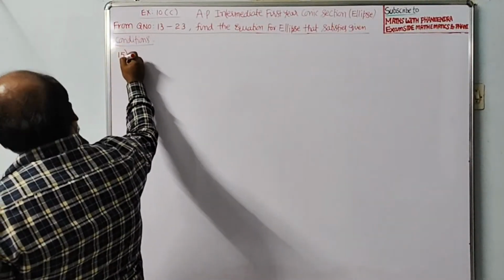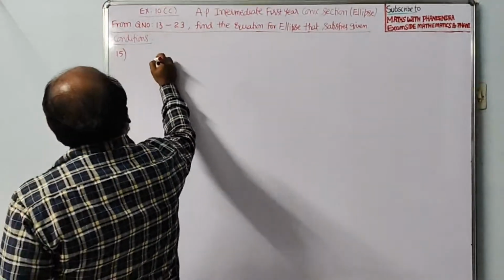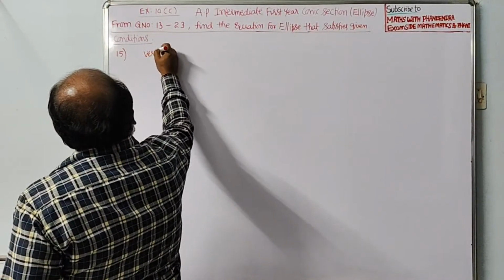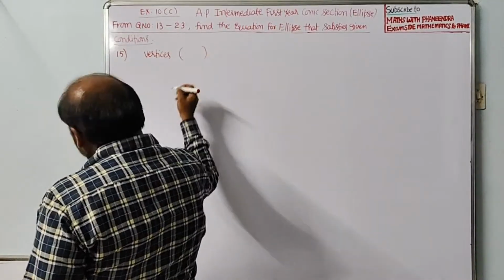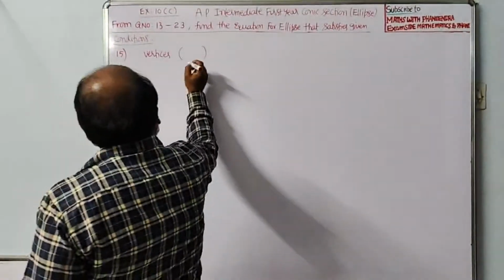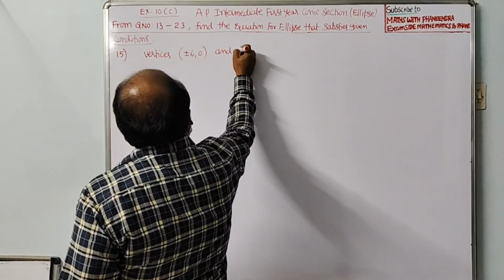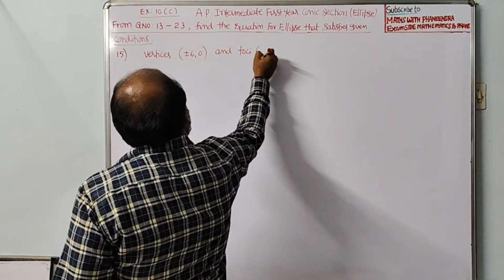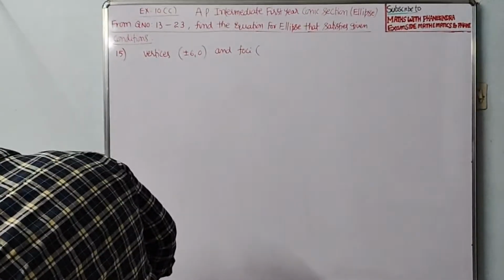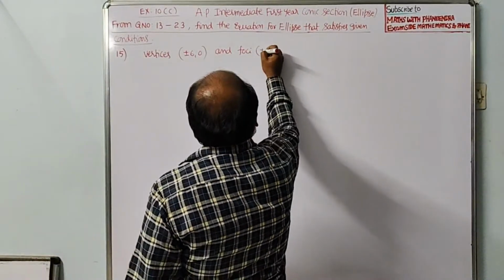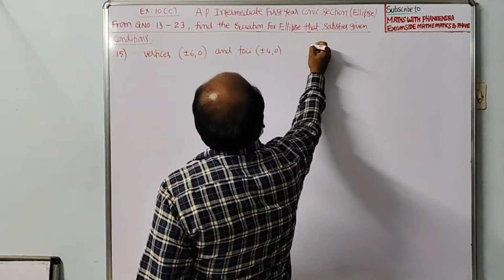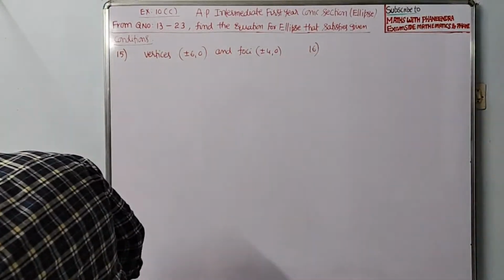Question number 15, the given data is vertices plus or minus 6 comma 0 and foci plus or minus 4 comma 0. Next, question number 16.